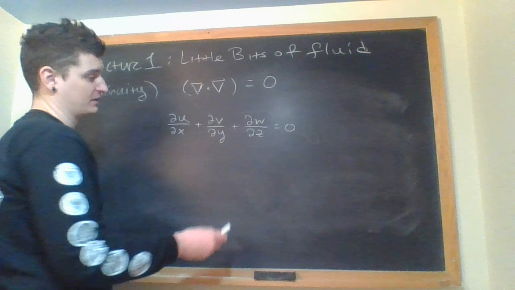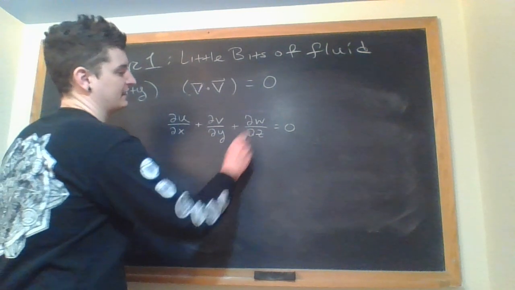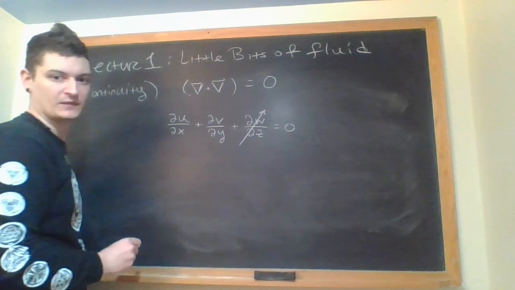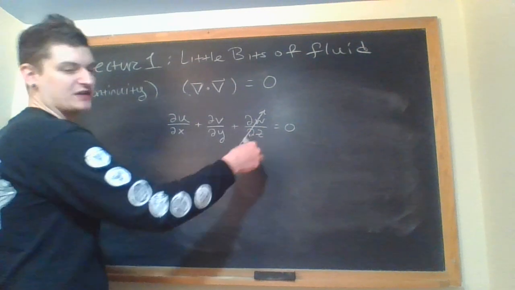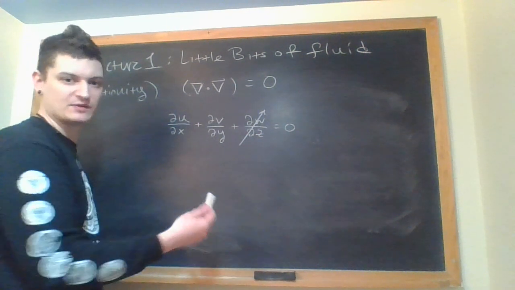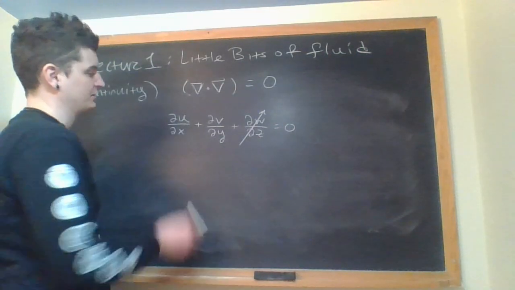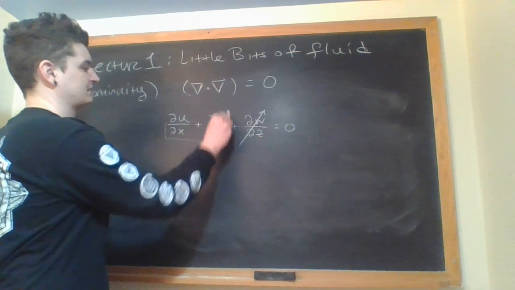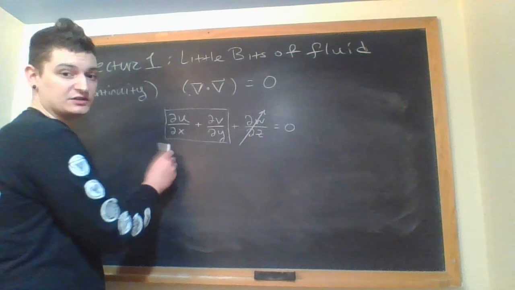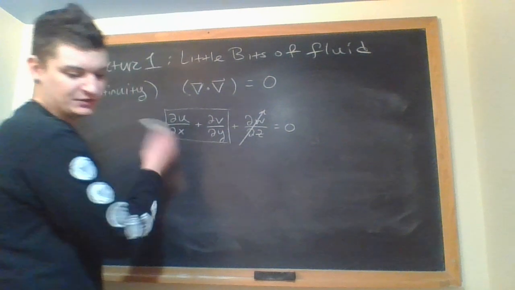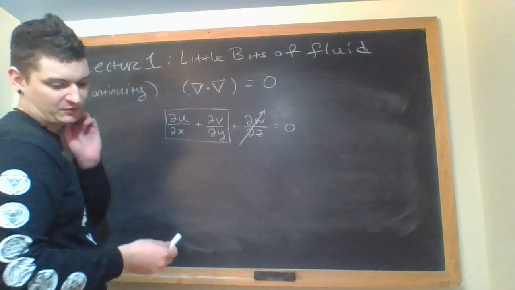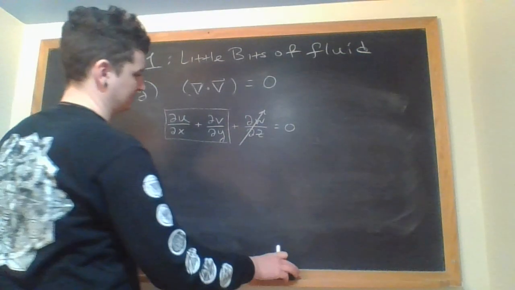Three is really hard, but a more solvable one is if you take one of the dimensions away. We just say there's no velocity in the w direction, just from intuition. You can reduce this continuity equation to just two terms. And it's this two-term version that leads to the idea of a stream function, which I'll get to later.